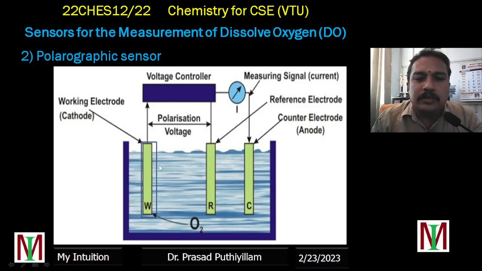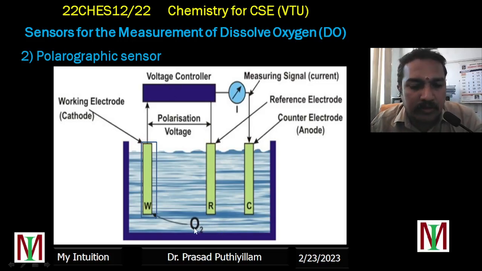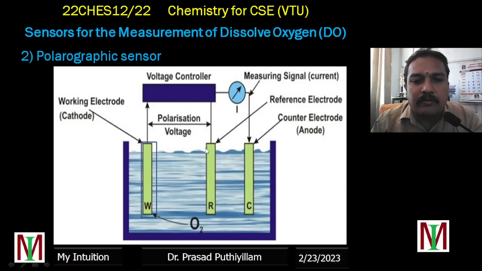Okay, so these are the two electrodes, and the water containing the dissolved oxygen we need to measure. When we apply the desired voltage, that is the dissociating voltage of oxygen, that particular voltage will make the oxygen split into ions. Those oxygen will go to the cathode side, and it will be releasing the electrons.